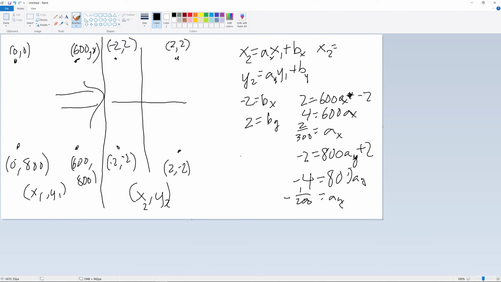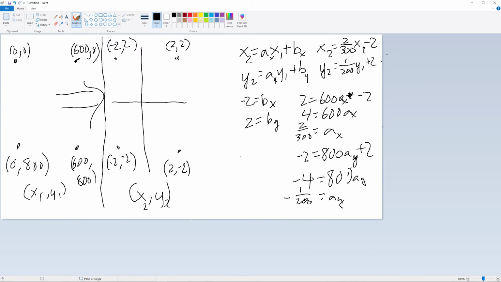x2 equals 2 over 300 x1 plus or minus 2. y2 equals 1 over 200, y1 is 2.